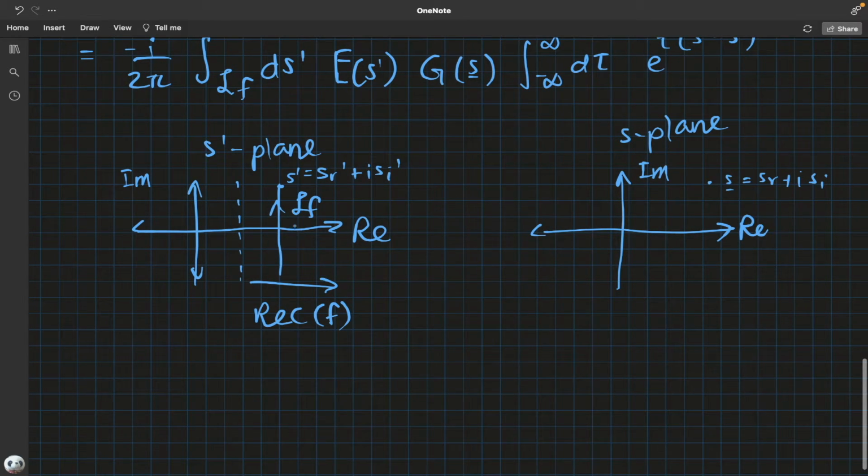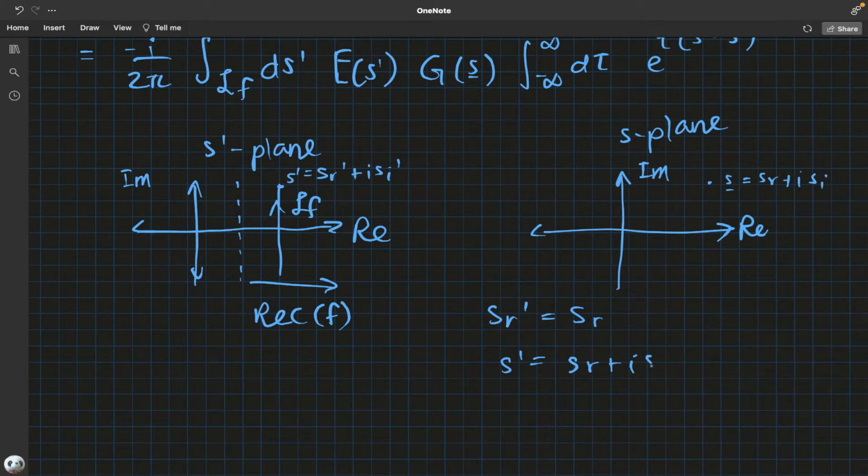We can shift this such that the real part of S prime is equal to the real part of S. So after shifting this line of inversion such that the real parts coincide now for both the planes, S prime is just SR plus i SI.